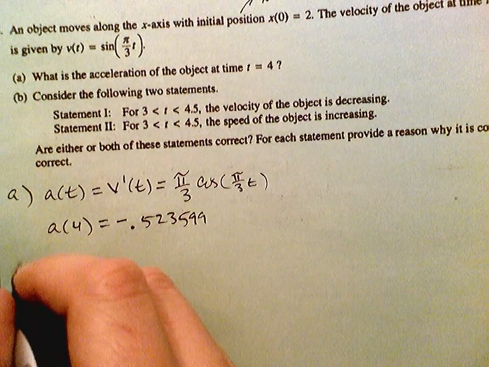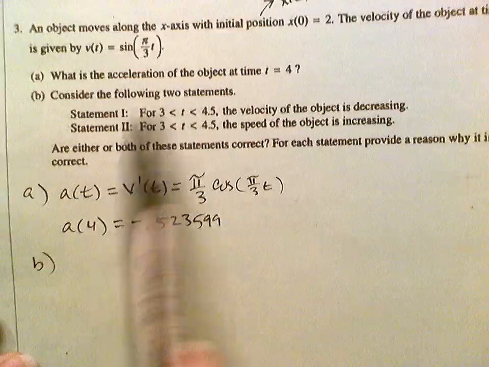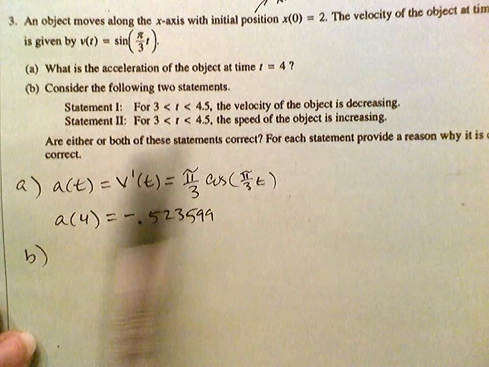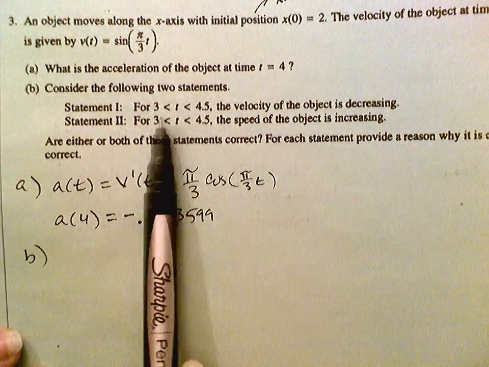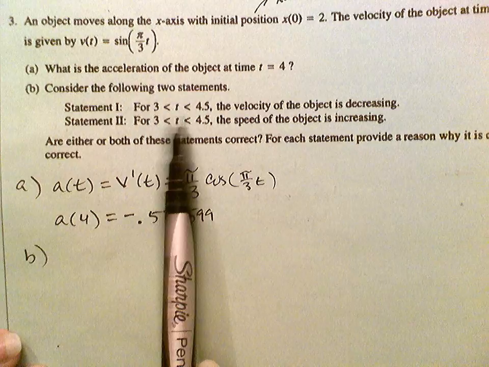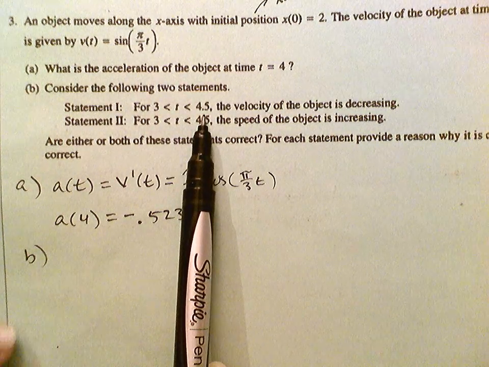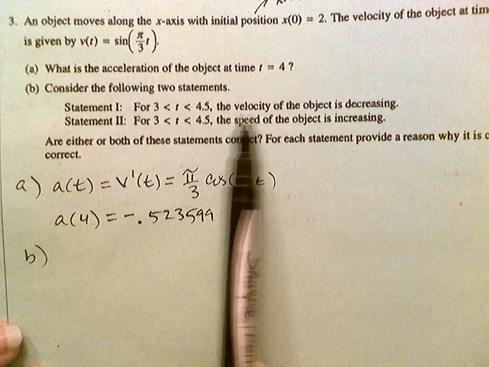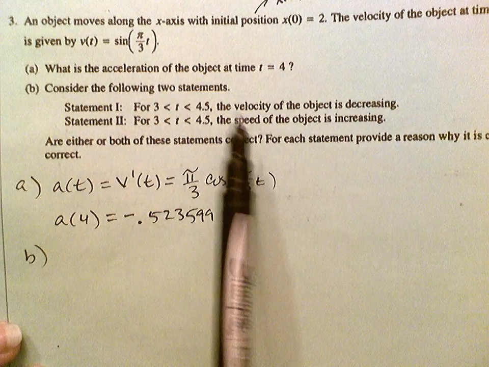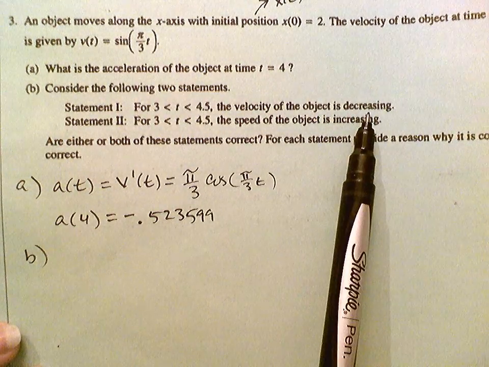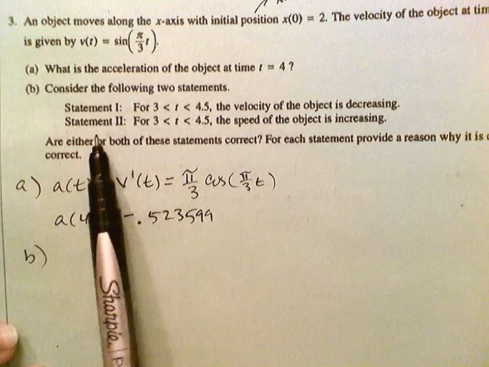Now part B. Consider the following 2 statements. Statement 1. For the time interval from 3 to 4.5 seconds, I'm just assuming, I don't know what the units are, the velocity of the object is decreasing. Statement 2.